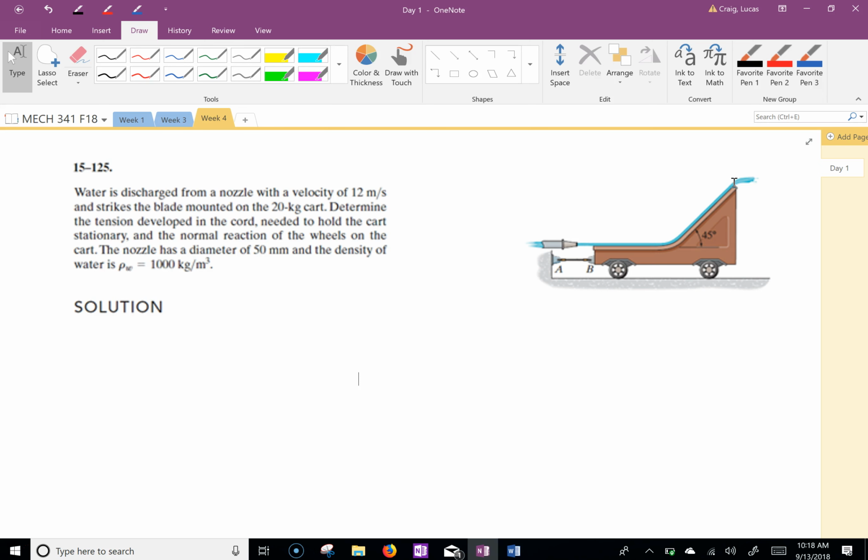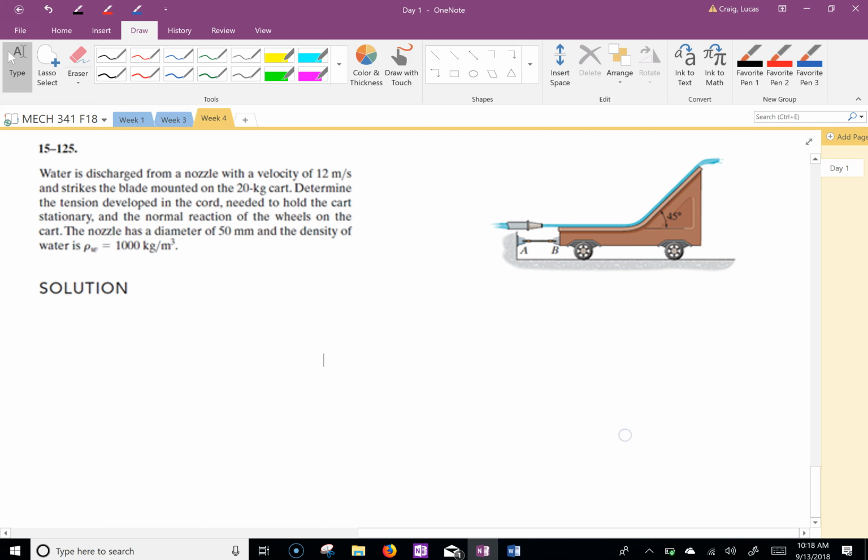The cart? Okay. Remember that problem? Remember the block sliding down a cart? Find the tension? Well, it's very similar. So let's first do a free body diagram.